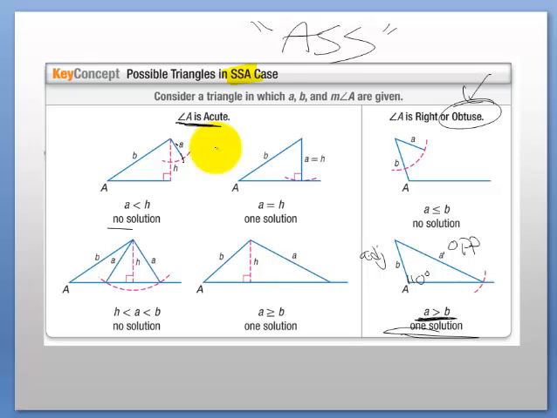When we have 2 solutions, that means that A was long enough to reach here, but then if we change the angle at this top here, and I like to call this our pivot, because we don't know if this is a large angle or a small angle, what you'll see is that this length of A can actually rotate in and create another triangle. How cool is that? Again, I know some of you guys, I'm losing you here, and you'll get it when we practice it. Just bear with me.